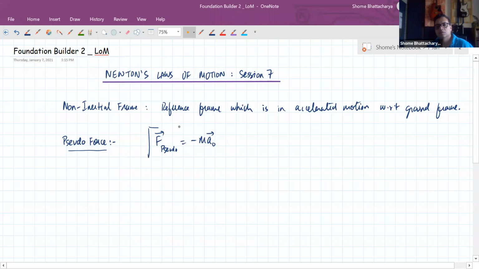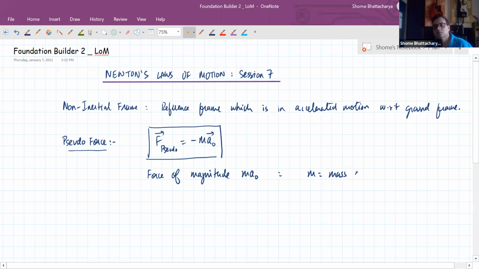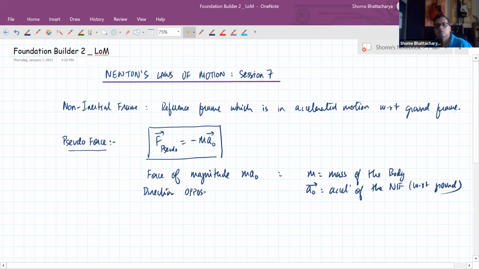We understand that it is a force of magnitude ma0, where m is the mass of the body and a0 is the acceleration of the non-inertial frame with respect to ground. And the direction is opposite to the frame's acceleration. So this is what we discussed about pseudo force in the last lecture.